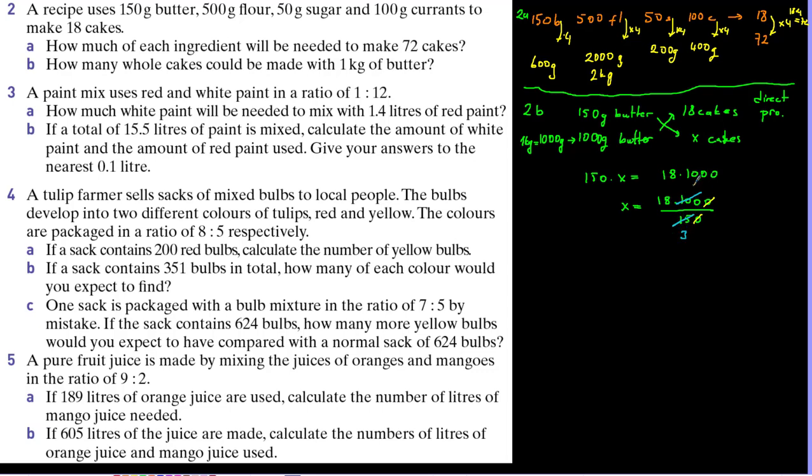This is 3, this is 20, and I'm simplifying 18 by 3. This is going to be 6 and this is going to be 1, which means that 6 times 20 is the answer, which is equal to 120 cakes we can make by using 1000 gram of butter.